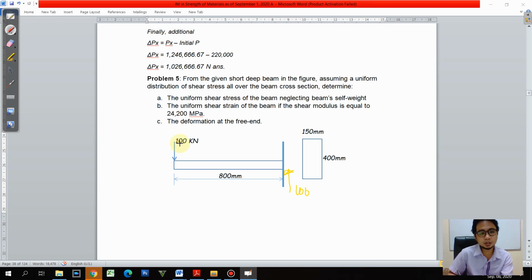So in short, it is assumed that the shear along whatever section here, no, 100 lahat ng ating shear. So the shear is constant all over the cross-sectional area of the beam. So given that, the uniform shear stress could be determined. Okay.